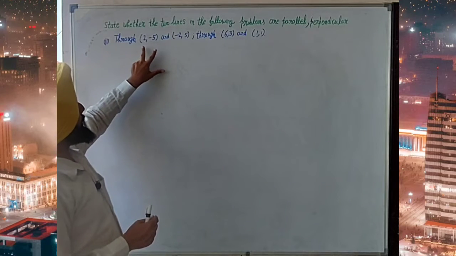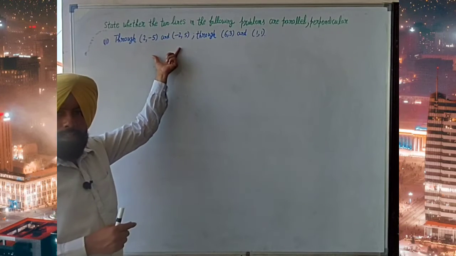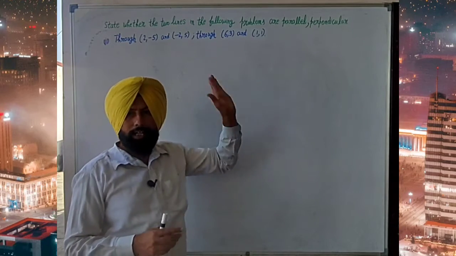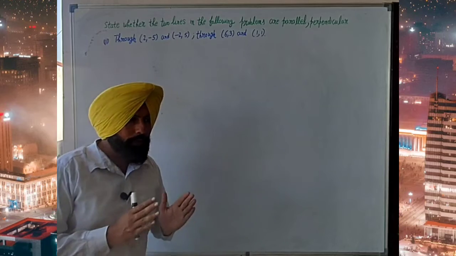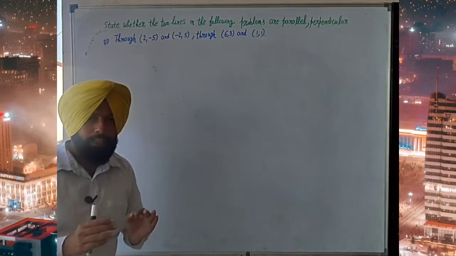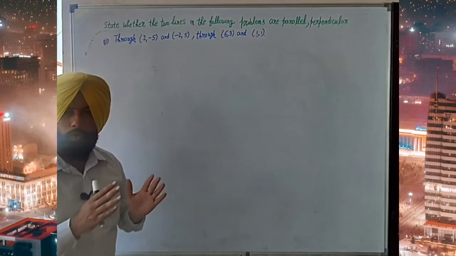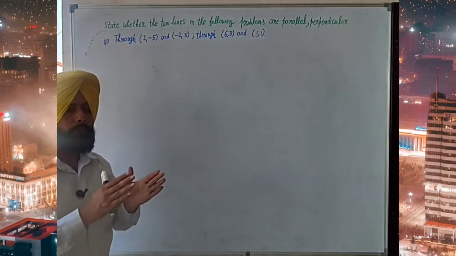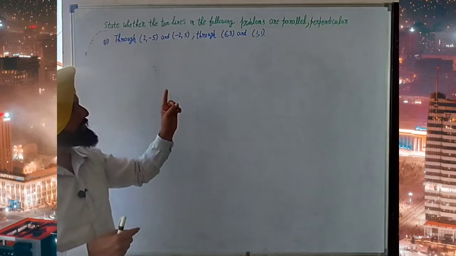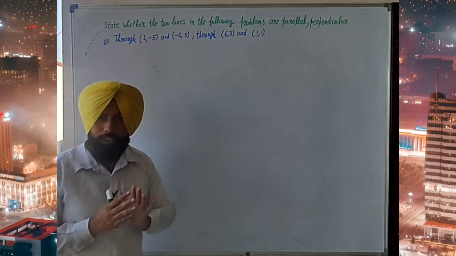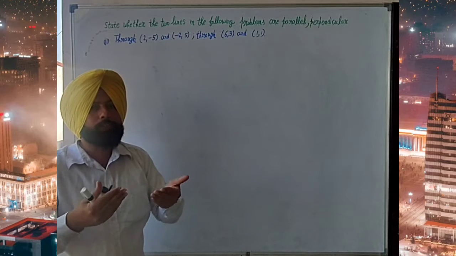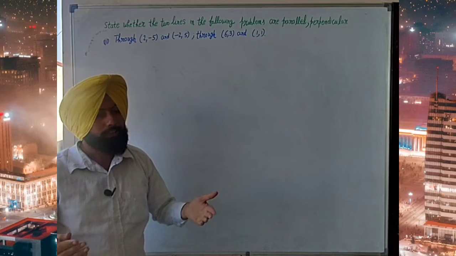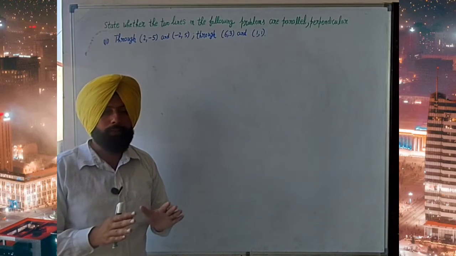We have these 2 points of the first line and these 2 points of the second line. Now we will again find the slopes of these two lines. If the slopes are equal, then given lines are parallel. If the multiplication of their slopes equal to -1, then given lines are perpendicular.